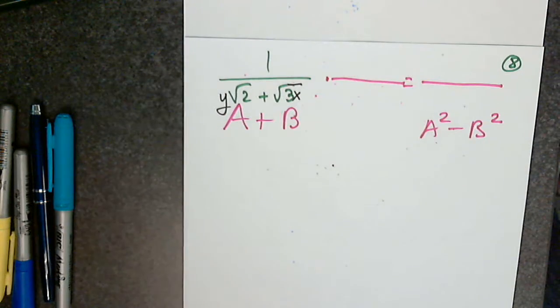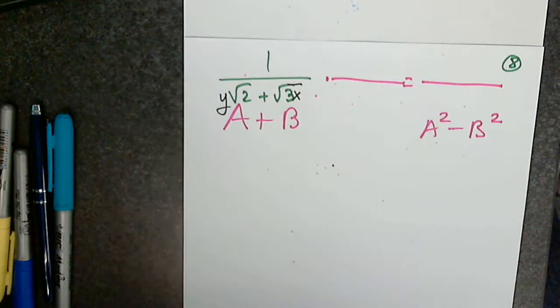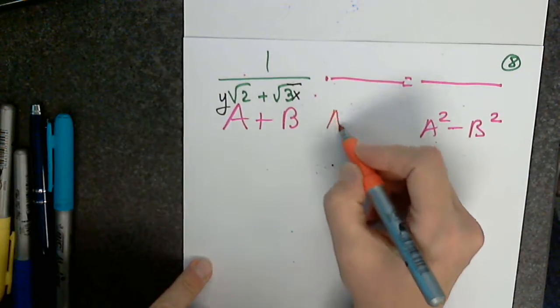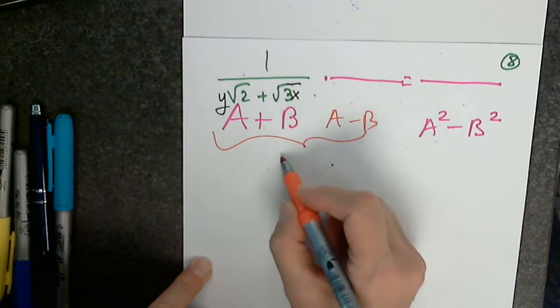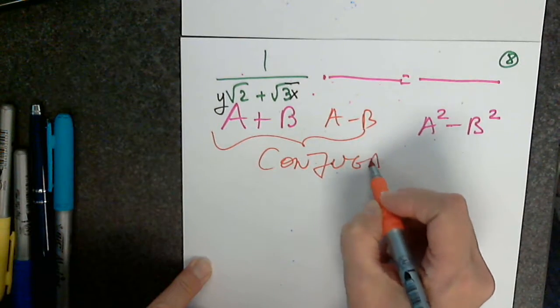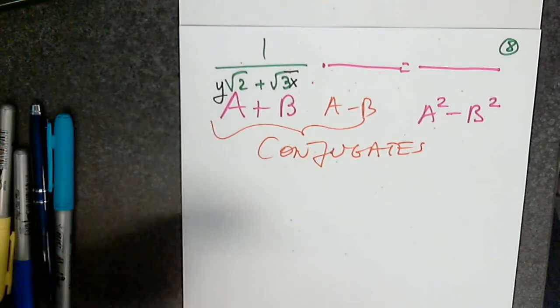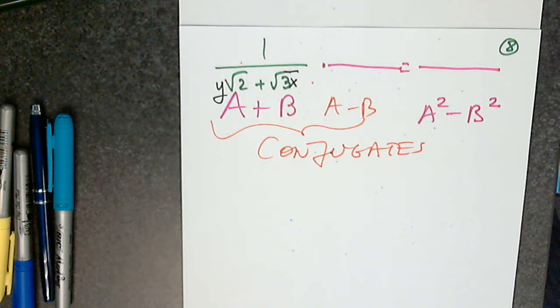We only have 3 different things in our contract. Say it again. Wonderful. The conjugate. These are called conjugates. So we need the conjugate of the expression we have in the denominator. Can anyone identify the conjugate for us now?